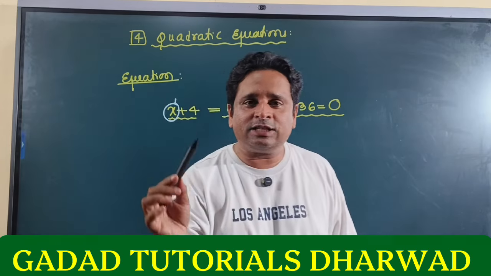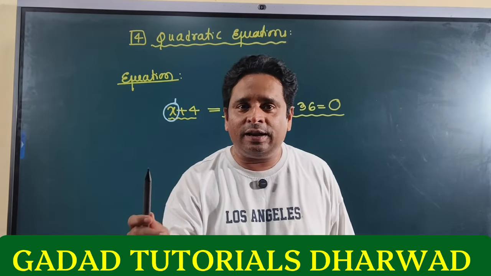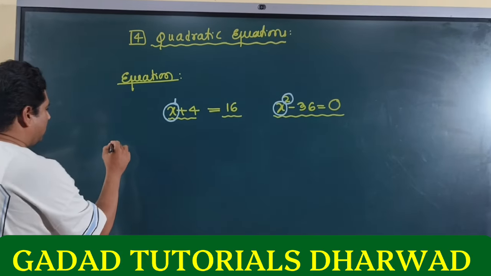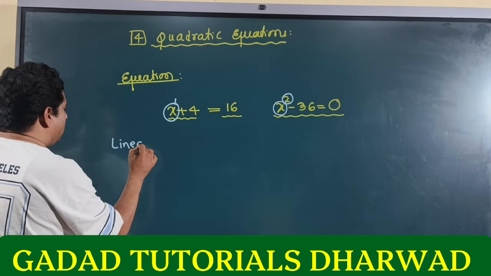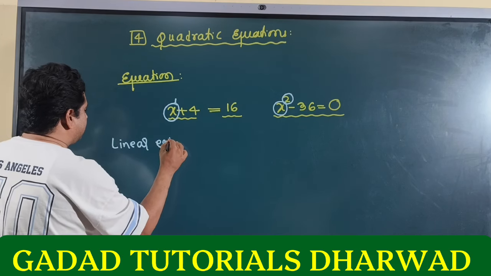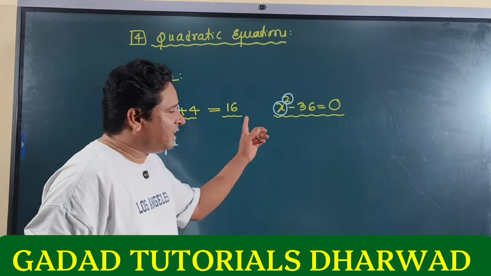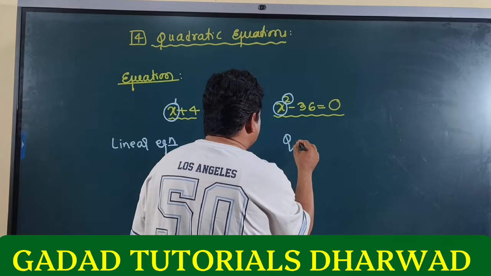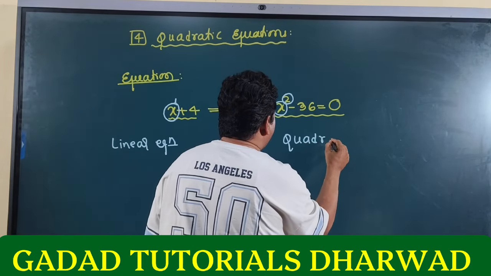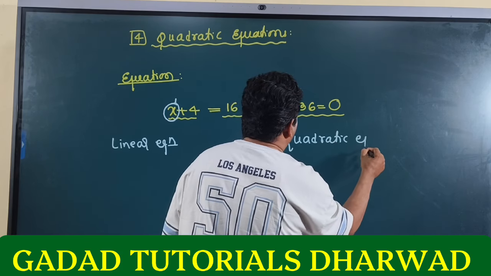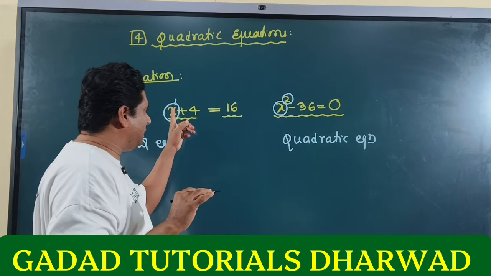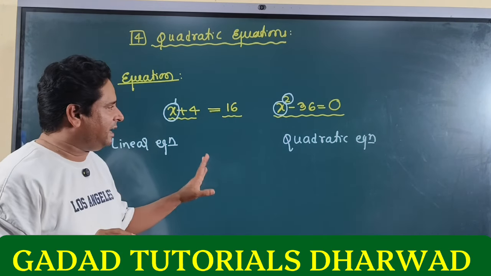If the highest power of the variable is 1, it is called a linear equation.